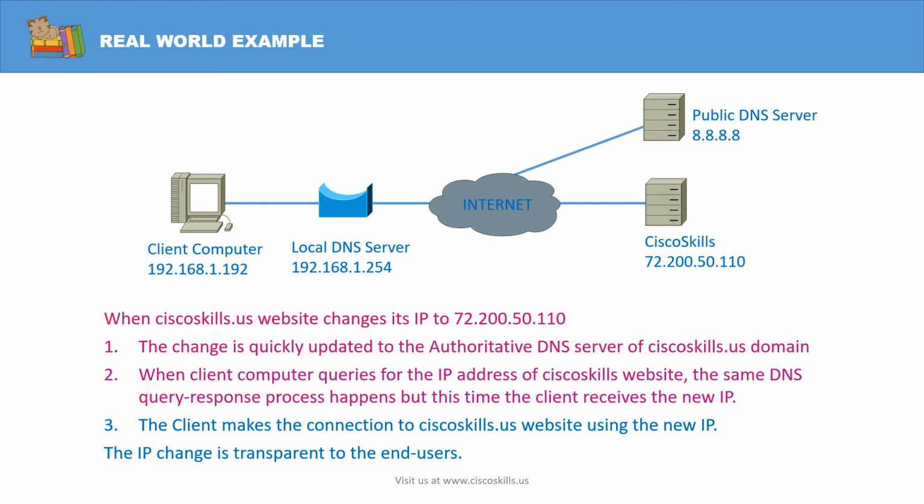When the client computer queries for the IP address of Cisco skills website, the same DNS query response process happens, but this time the client receives the new IP. The client makes the connection to Cisco skills.us website using the new IP. As you can see, the IP chain is transparent to the end users.